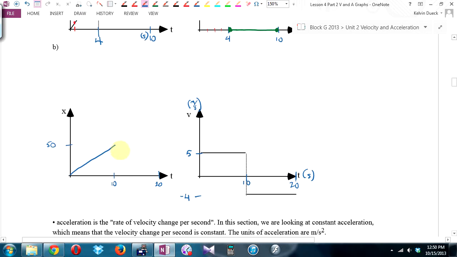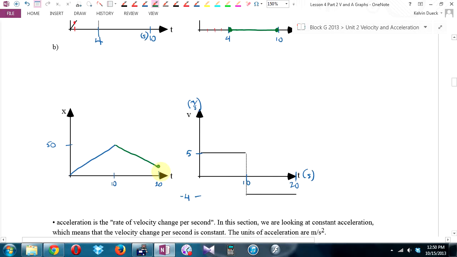Now, I don't... Oh, change colors, Mr. Dueck. I agree with down. Why didn't I touch the ground? Why didn't I do it quite as steep as my original? Let's even exaggerate it a bit more. We won't worry about trying to be to scale. Why would I go like that, not as steep as my original?